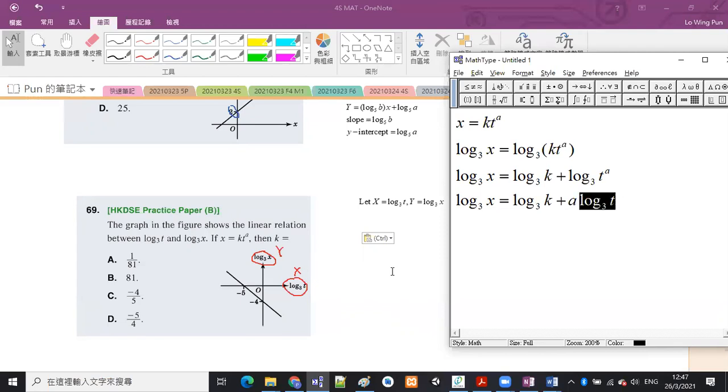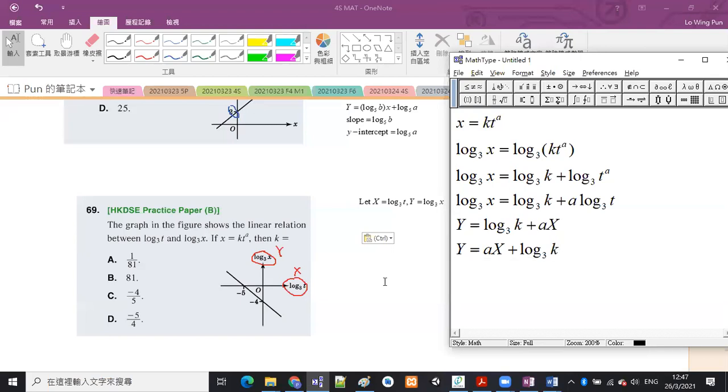Now, this log t base 3 is also ready to be changed to capital X. So we change it: Y is equal to log k base 3 plus a times capital X. Okay, and then we write the equation in the format of y equals mx plus c. Is that okay?